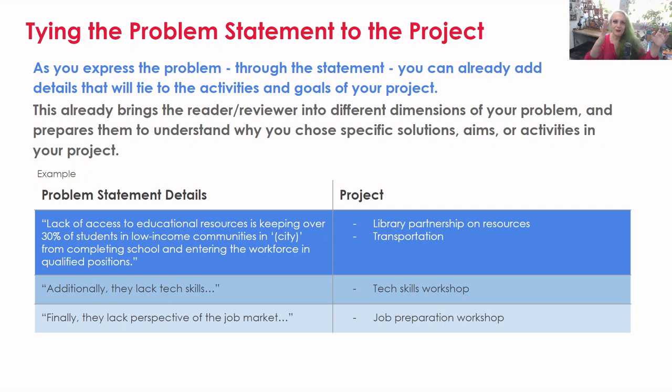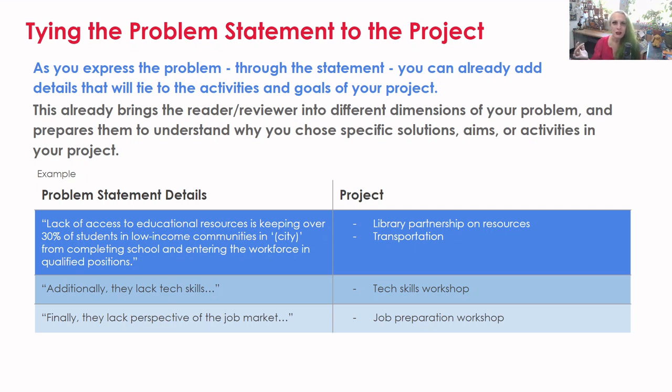So on the left column here, we have the problem statement, and we have two or three other sentences that are little additional problems associated to the bigger problem and would be easy for you in your project to address as well. You're already giving them transportation to the library.